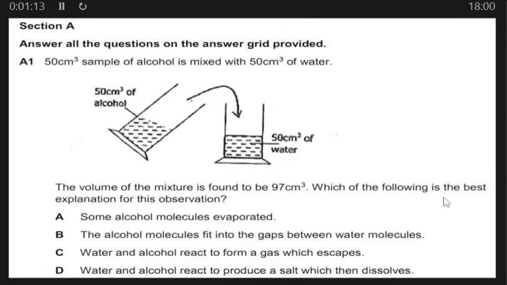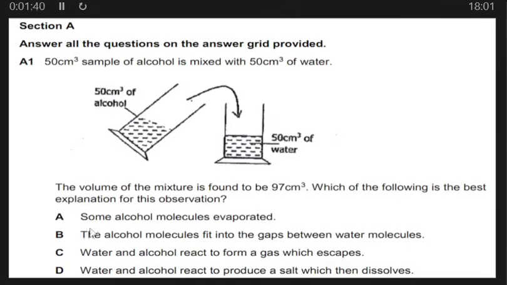Which of the following is the best explanation for this observation? So they mixed 50 cubic centimeters of alcohol with 50 cubic centimeters of water, expecting to get 100 cubic centimeters of the mixture, but they got just 97 cubic centimeters. Which of the following is the best explanation for this observation?